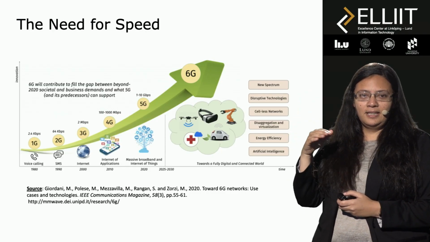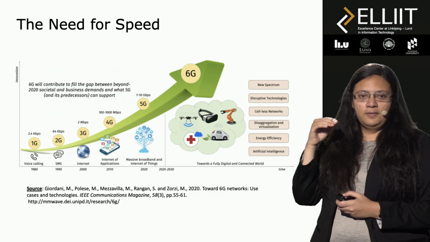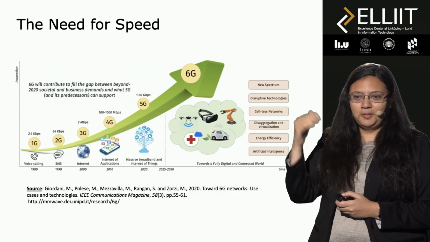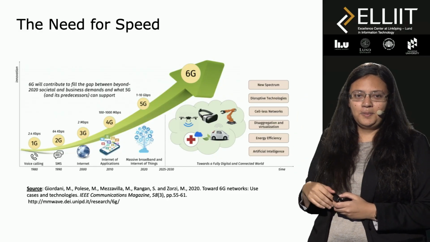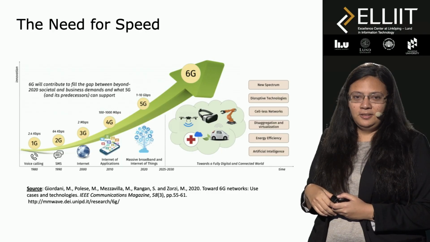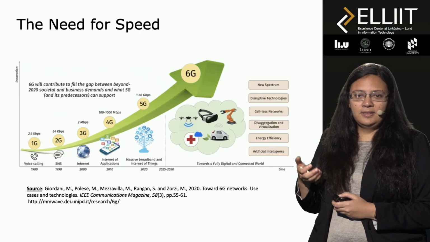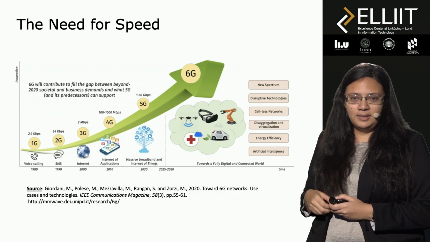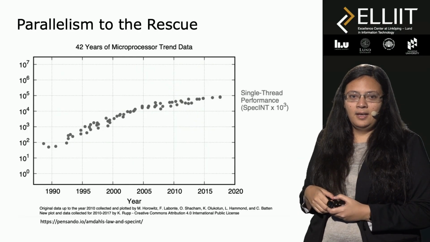You can see that, for example, 5G is almost 100 times faster than 4G, and so on. So we are increasing the speed by 2 orders of magnitude with every generation, and we need our computers and devices to respond fast and cope with this increase in speed.